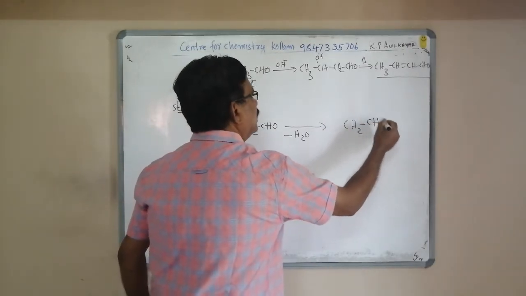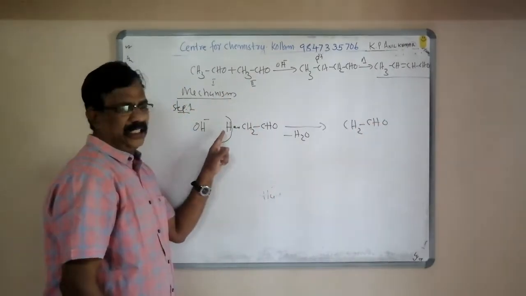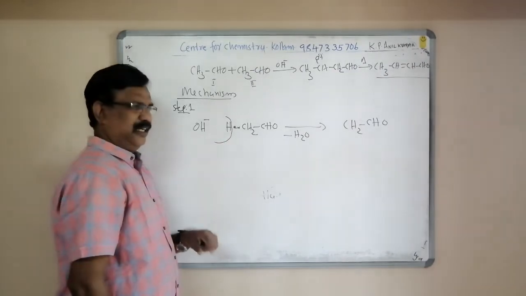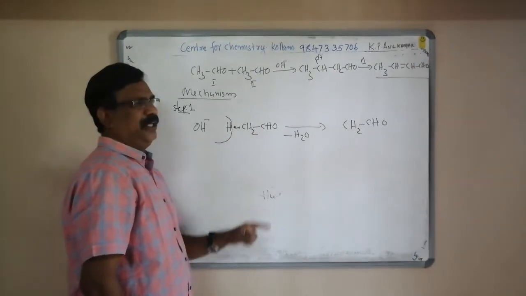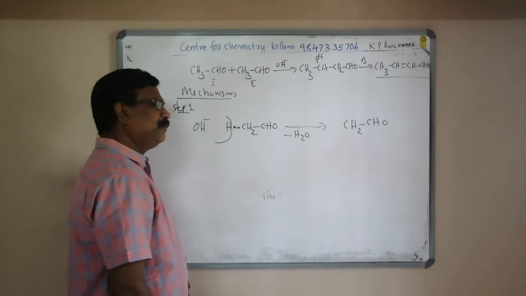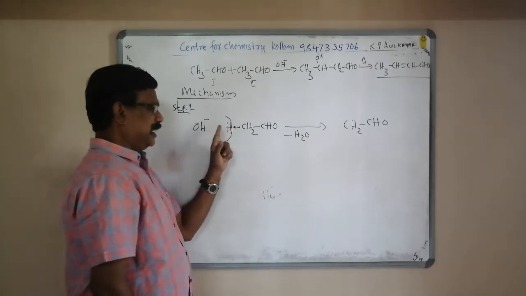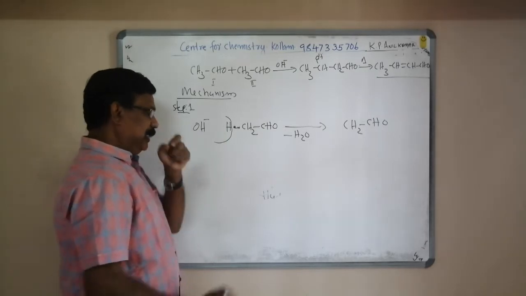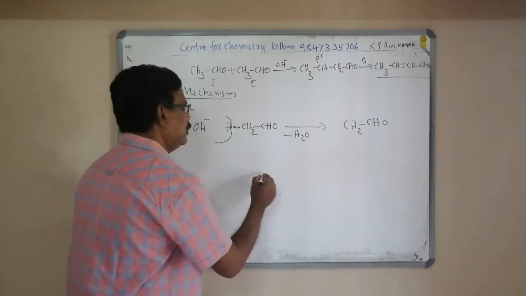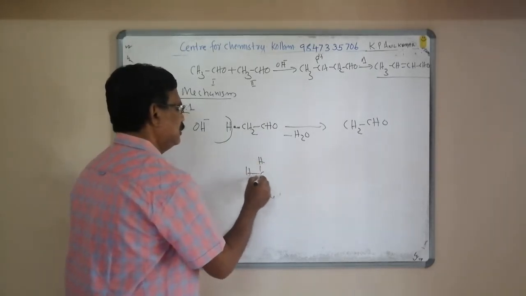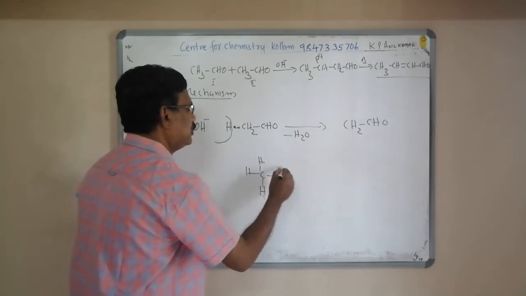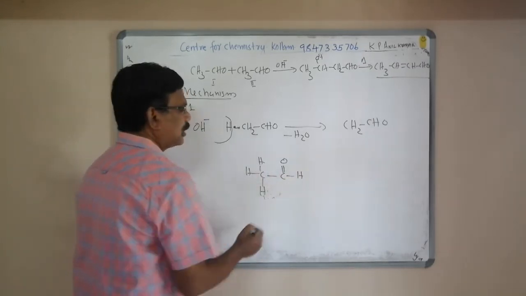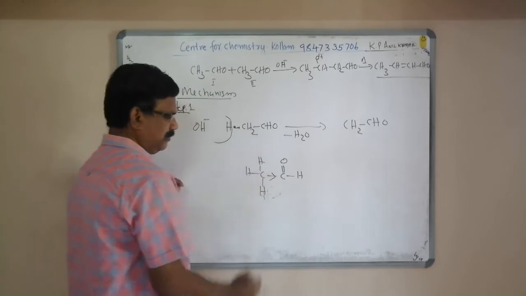In aldehydes and ketones, the alpha hydrogen atom is acidic due to the electron-withdrawing nature of the carbonyl group, so it is removed as H plus. The discussion is this: in CH3CHO, the carbonyl group is electron withdrawing.